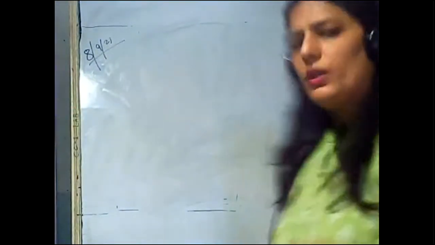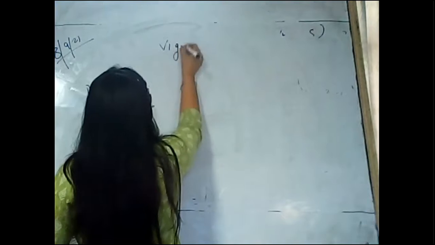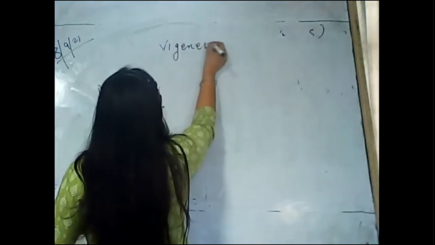Here we will be doing one of the encryption processes, the Vigenere process. We have a method whose name is the Vigenere cipher technique.